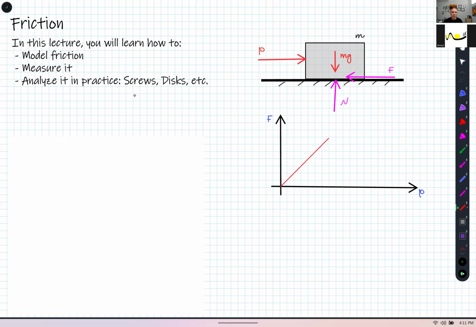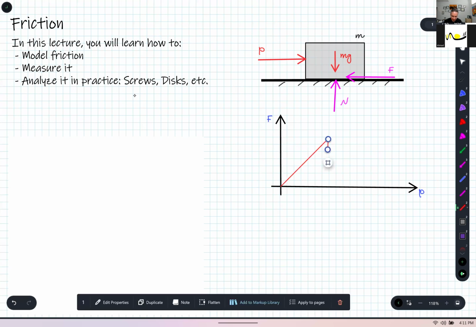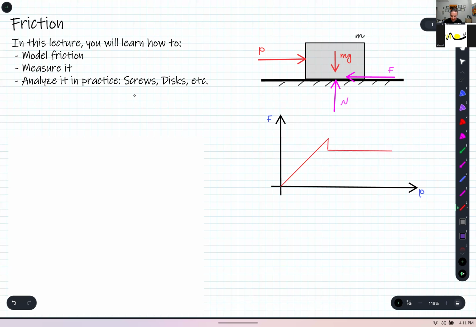Because the friction F is always equal to the load P until the box starts moving. At that point, when it reaches that maximum, the force F is going to drop, and then it's going to stay the same no matter how large the load P is.